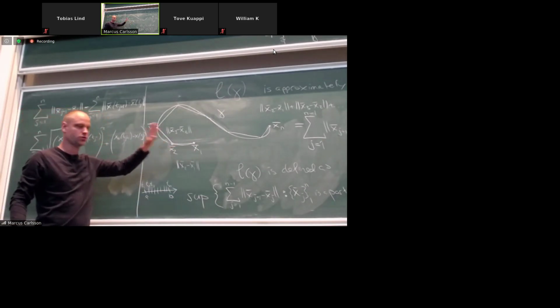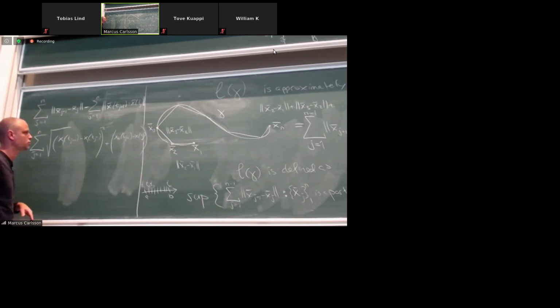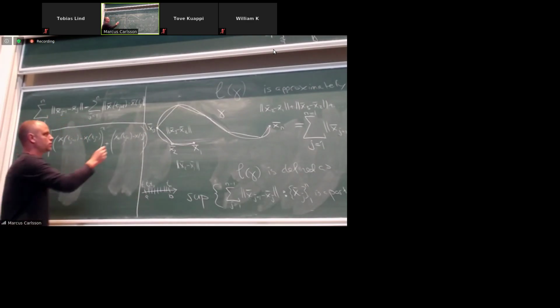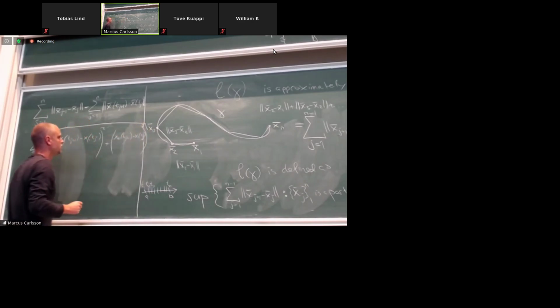Now x1 and x2 are the first and second coordinate, not the same as the x1 and x2 here, a bit of collision of notation, hope you can live with that. Okay, and then the square root closes here. But, oh, we need a square here as well.